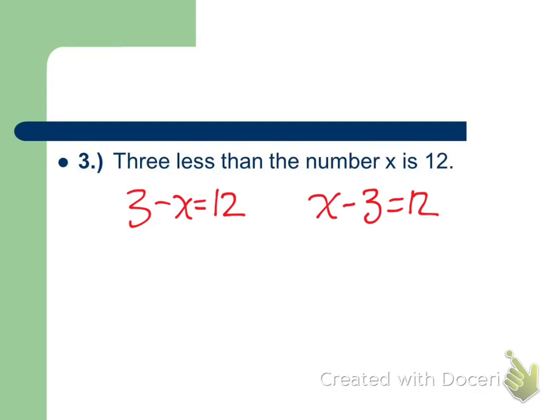Okay, there's a big difference here because for subtraction, order matters. For addition, it does not matter. But subtraction, it does. And we talked about these problems before. 3 less than a number means the number take away 3. So that is going to be the one we want to use. If that's the equation that we're using, when we go to solve it, Jerry L, what should we do to both sides?